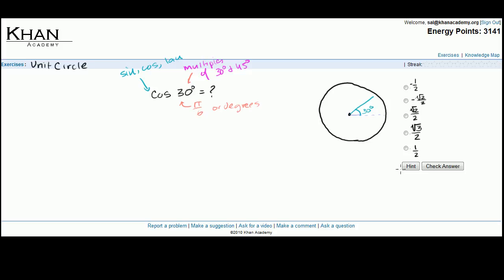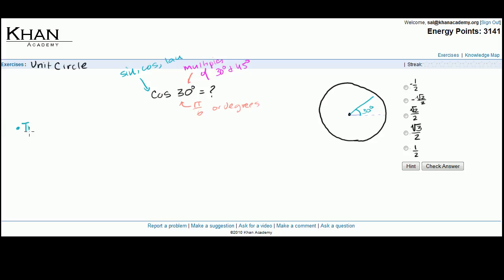So the first hint, when someone clicks hint, the first thing they should be reminded of, I'm just going to do the bullet point here so that you realize that that is the first hint.